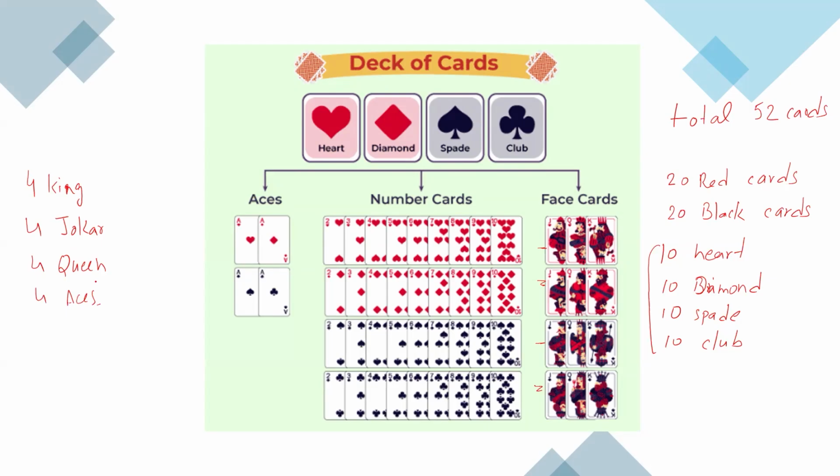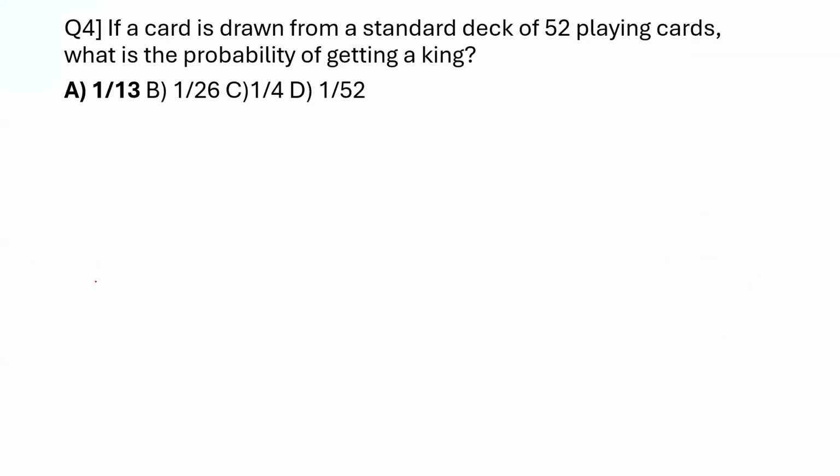Okay. Now look at the problem. If a card is drawn from a standard deck of 52 playing cards, what is the probability of getting a king? So how many kings are there? We have 4 kings, right? And total cards are 52.